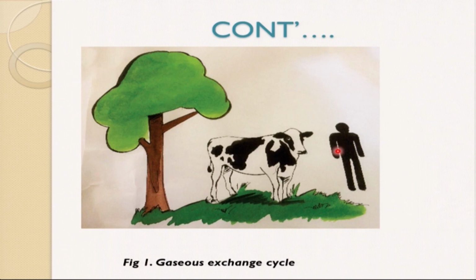Gaseous exchange cycle. You do remember, plants give us oxygen, and we give them carbon dioxide. A plant gets carbon dioxide from animals, and humans and animals get oxygen from plants.